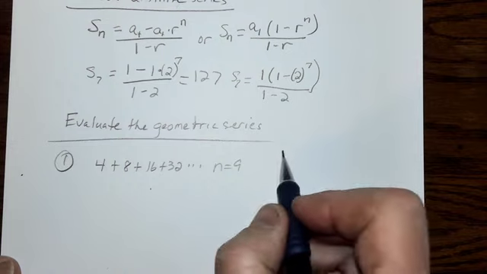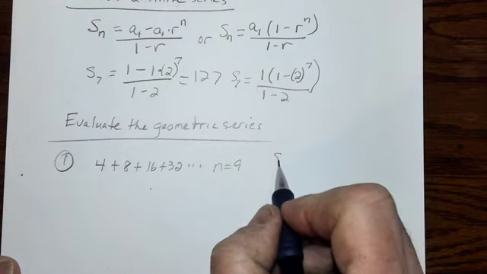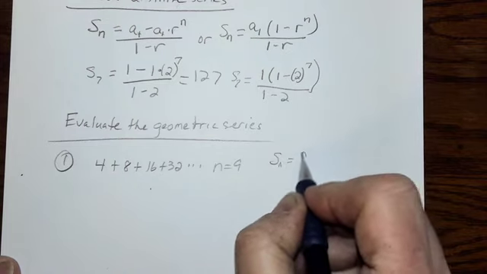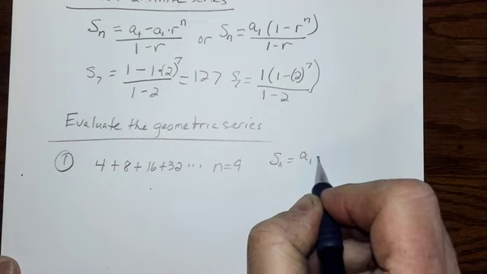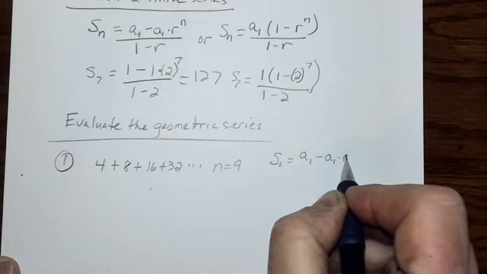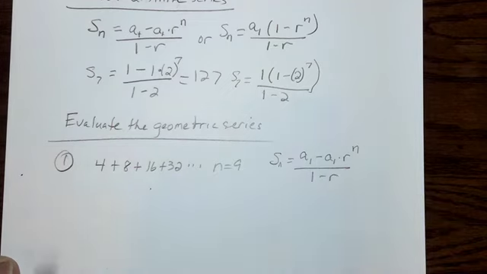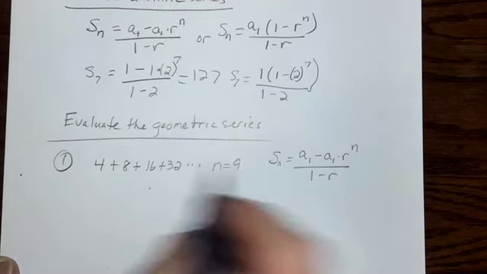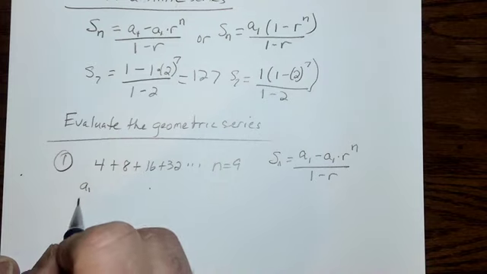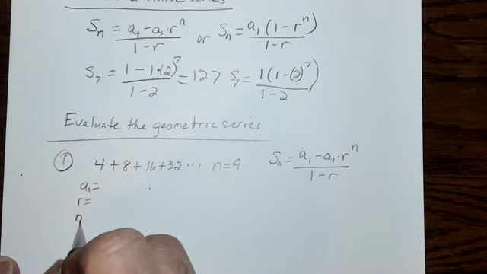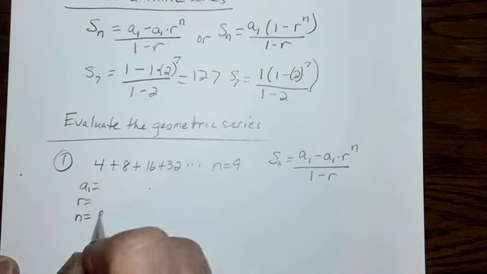Again, our formula is S sub n equals a1 minus a1 times r to the n over 1 minus r. The information I need again is a1, what r is, and what n is. I know that n is 9.